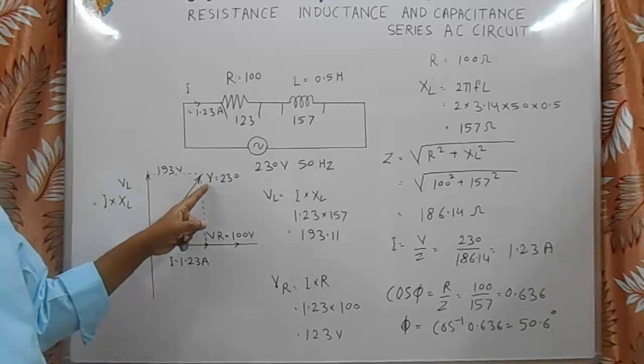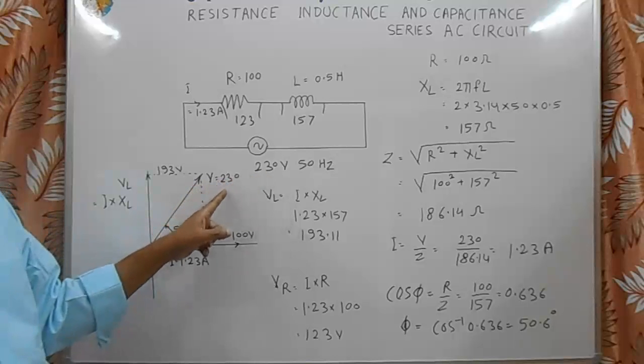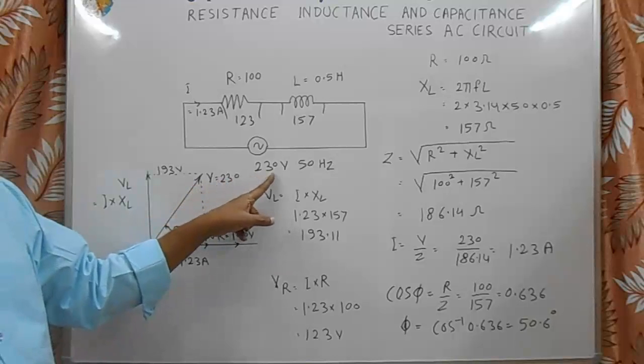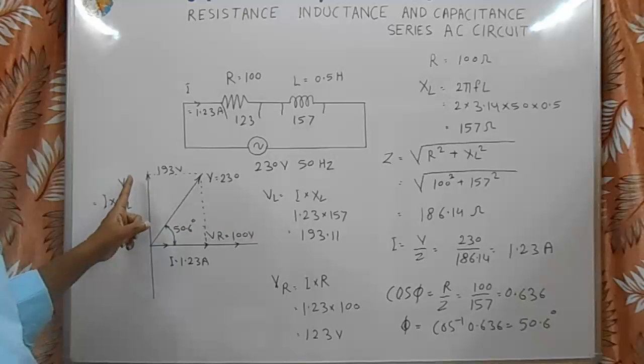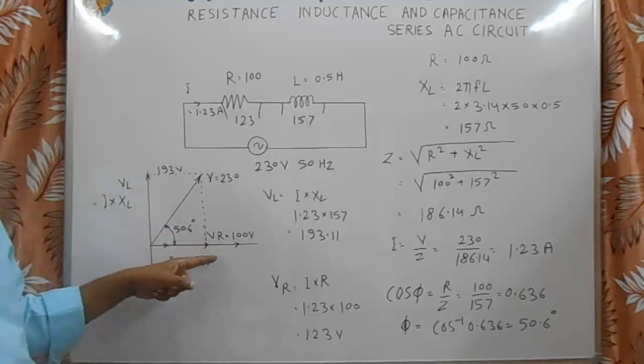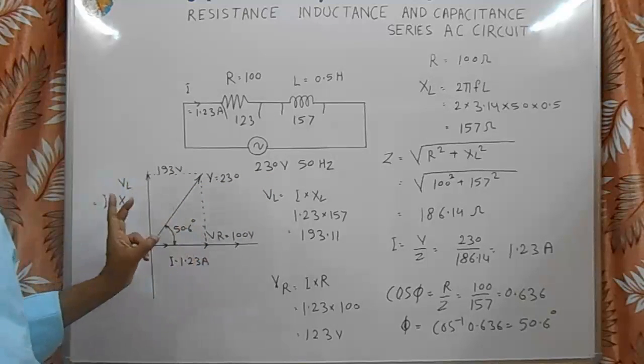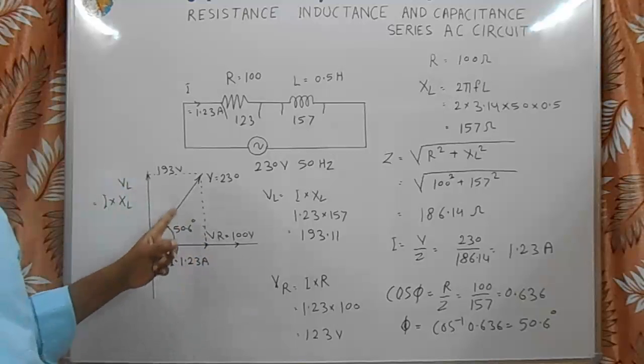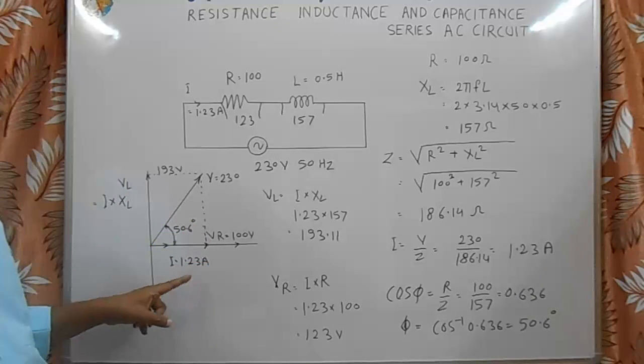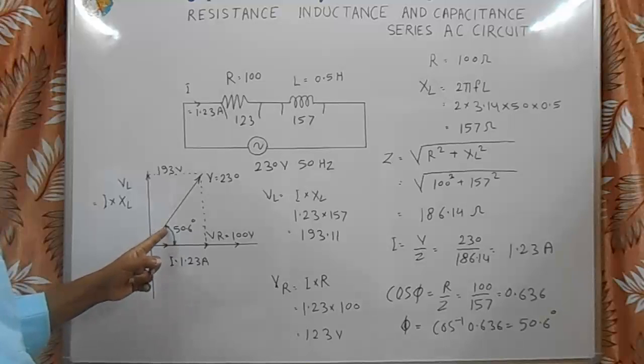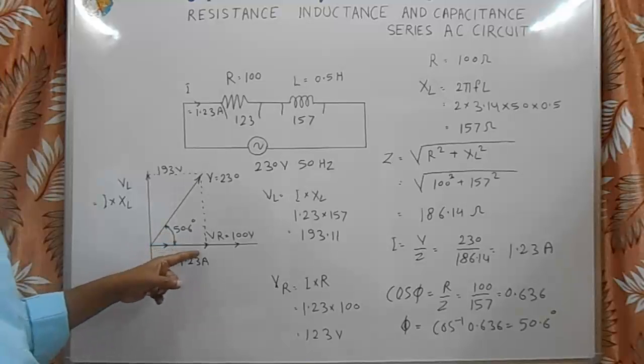V is the resultant voltage, that is the supply voltage, 230 volt. Means this supply voltage 230 volt is equal to the resultant of VL plus VR. Means it is the vector sum of these two voltages, and this is the final angle between voltage and current.